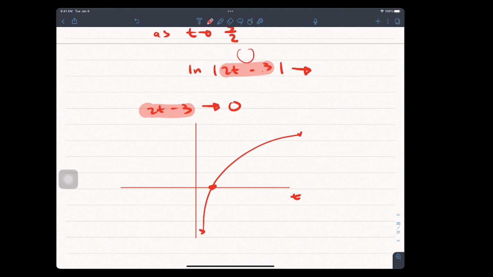Let's go to 1. Where's that going? Is it going to negative infinity?